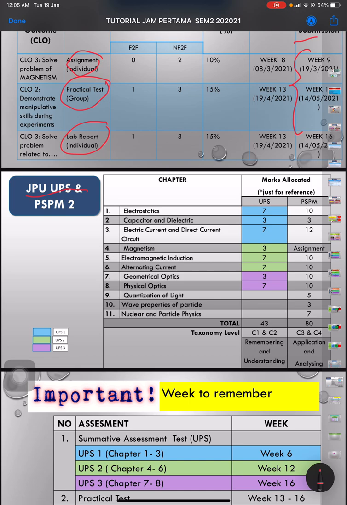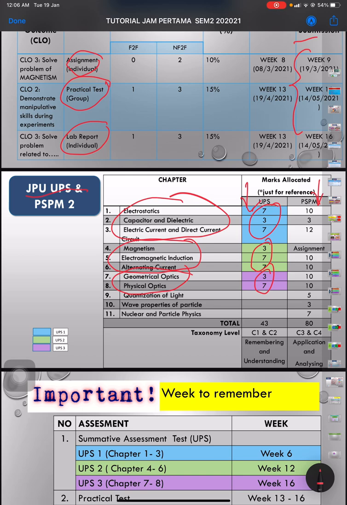Kalau kita tengok kat sini, UPS 1 akan cover 3 chapter ni, UPS 1, UPS 2, UPS 3. So this is based reference for question. Mungkin boleh lebih. Kalau lebih soalan, maksudnya markah you akan hilang kurang sikit lah. So this is for UPS bilangan soalan, and this for PSPM punya bilangan soalan.